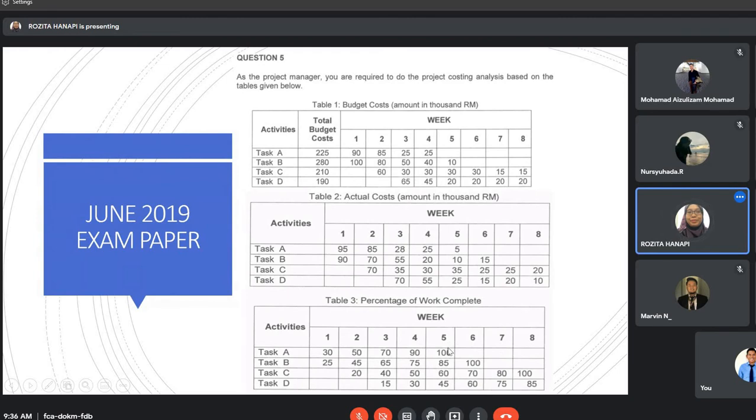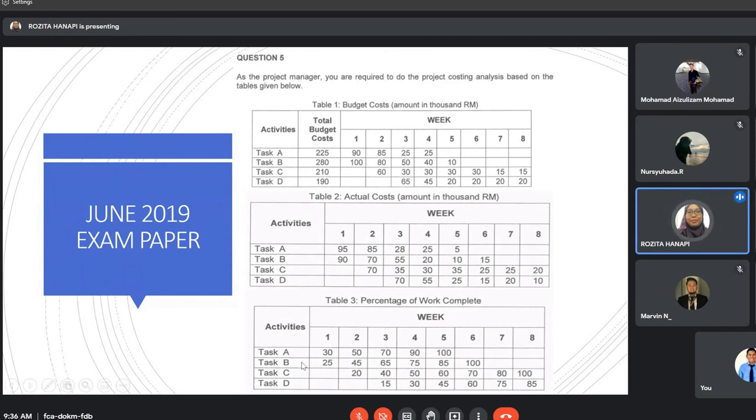So when once you see the percentage here 100%, meaning that the following week tu memang dah siap. So this task already completed. So it completes in week 5. Okay, so meaning that week 6, 7 until 8, task A has been completed.